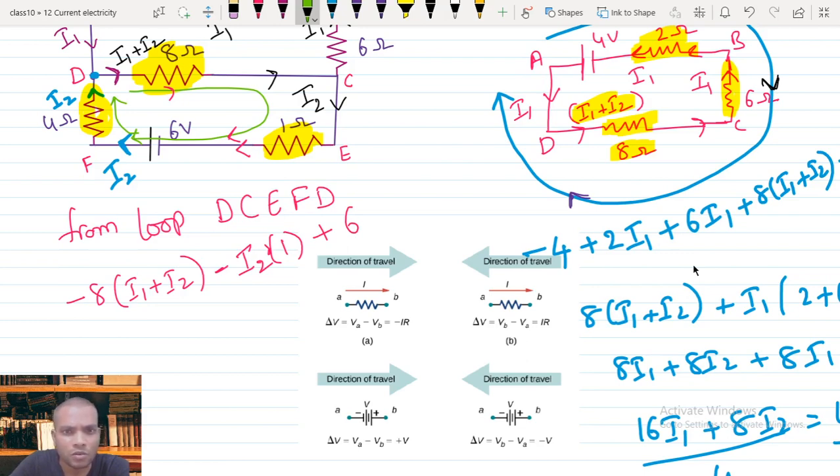So we need to take that as negative. So finally I will end up by writing minus 4I2, which equals 0.